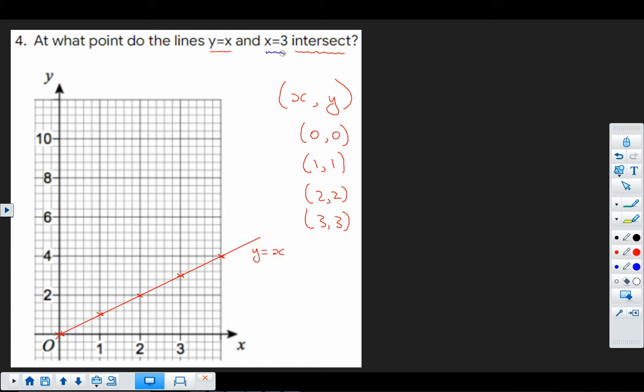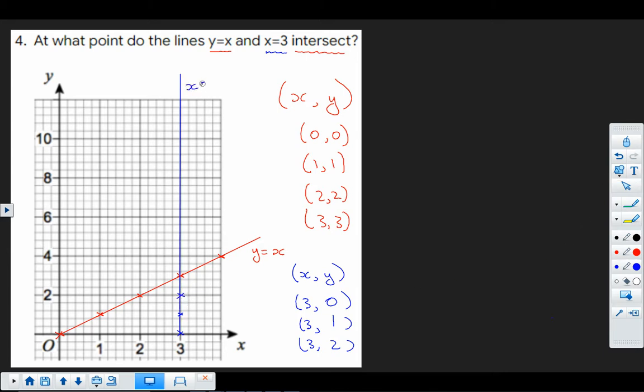We're now after this line here, x is 3. Now again, just think about the coordinates, and what this is telling you is that the x coordinate is 3. It doesn't matter what the y coordinate is. So it could be 0, it could be 1, it could be 2, it could be anything. So 3, 0, 3, 1, 3, 2.